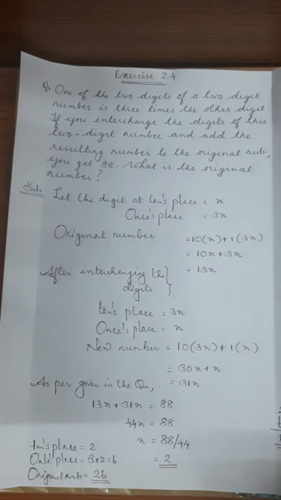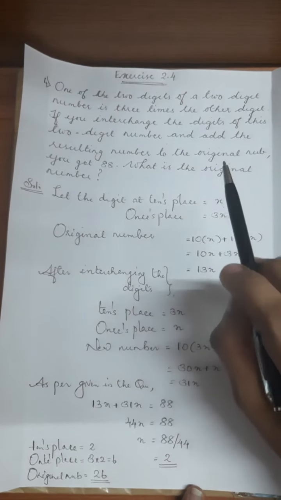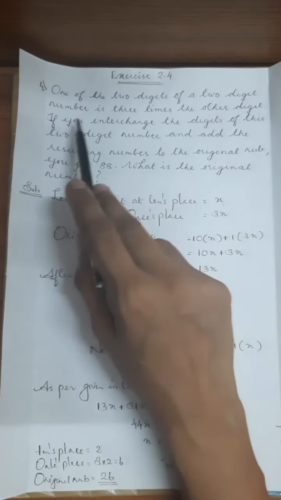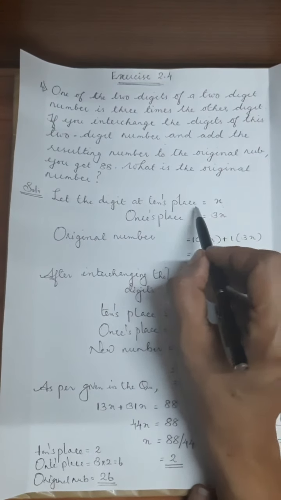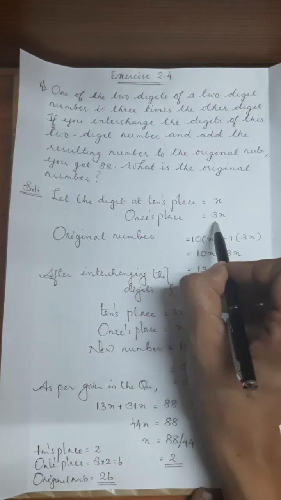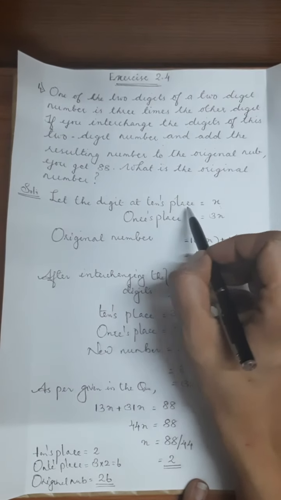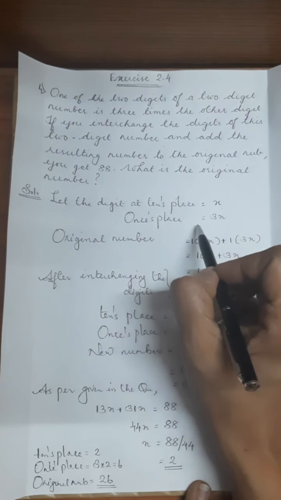Once again, in this question the condition is that one of the two digits of a two-digit number is 3 times the other digit. Either I can take the tens place as x, and the ones place digit will be 3x; or if I take the tens place digit as 3x, the ones place digit will be x.